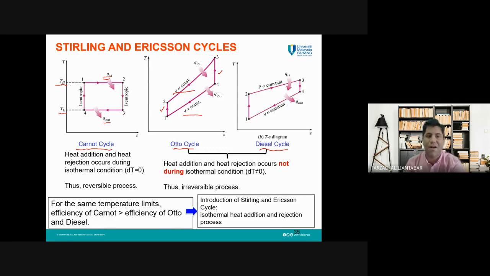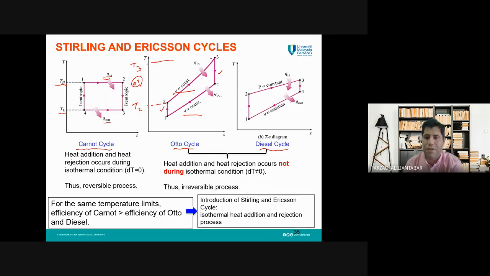Here we have constant temperature. So during this process, the temperature of the working fluid or the system changes, and we have a temperature difference here. Here, for example, is T3. Here the temperature is T2. So during this process, we have a delta T.